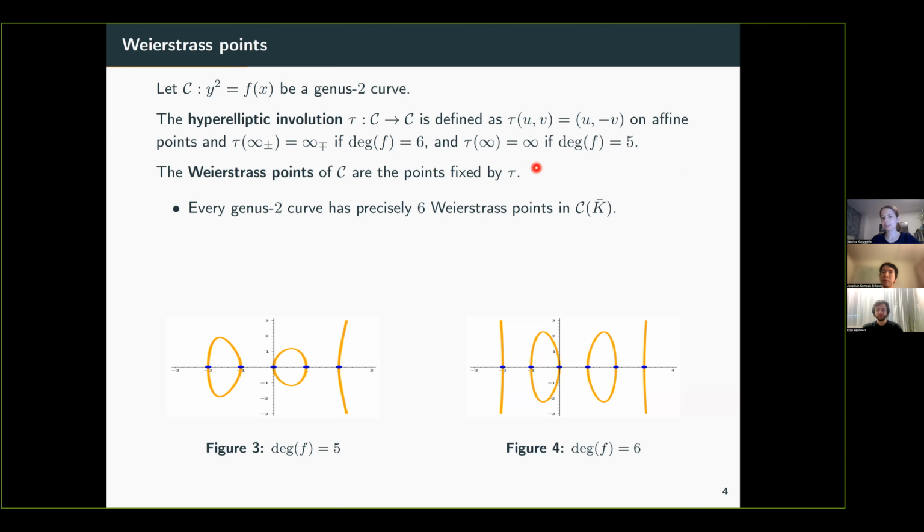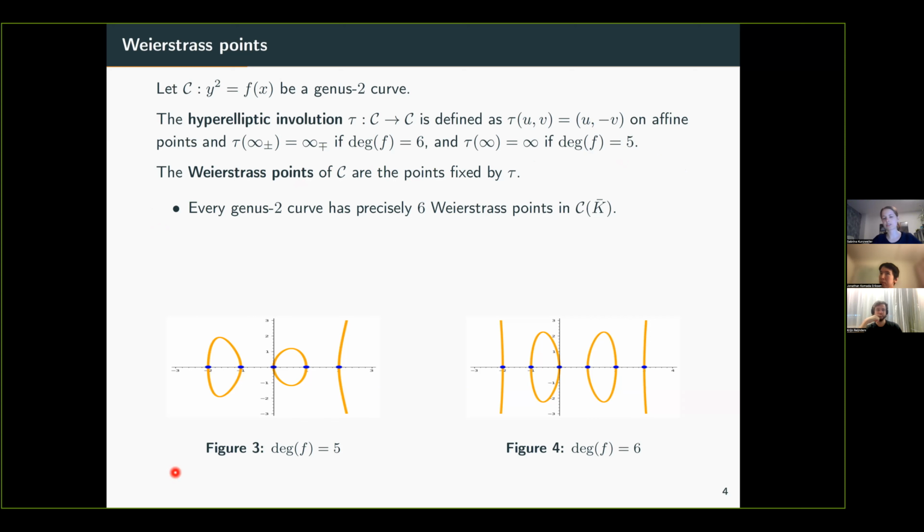For the points at infinity, if we are in a degree 5 model, then the point at infinity is fixed by the hyperelliptic involution. If we are in a degree 6 model, the 2 points at infinity are swapped by this involution. And so now it's easy to see that every genus 2 curve has exactly 6 Weierstrass points.